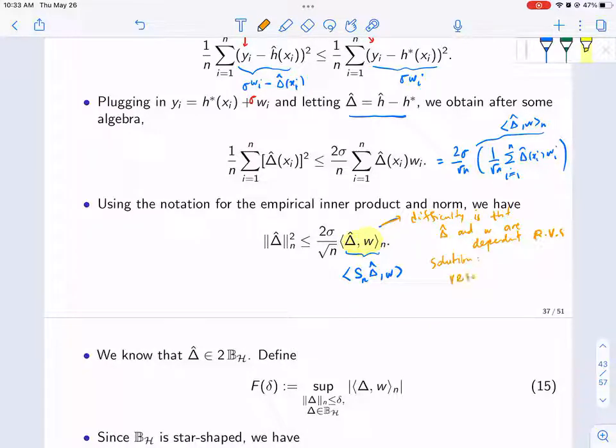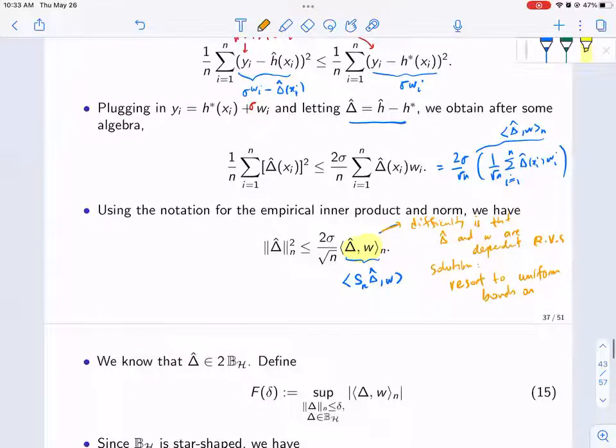So we resort to uniform bounds on this function. If I can control this function generally for any delta in some set, and then delta hat happens to be in that set, then I have a good control.